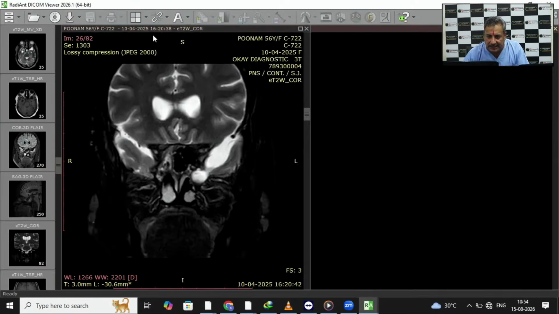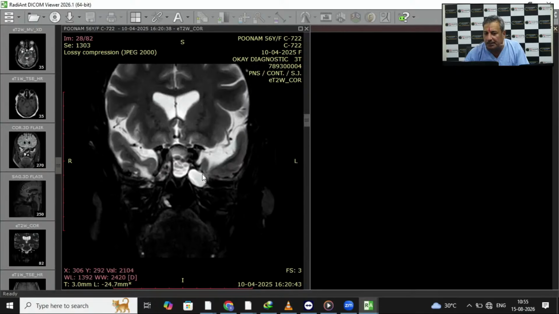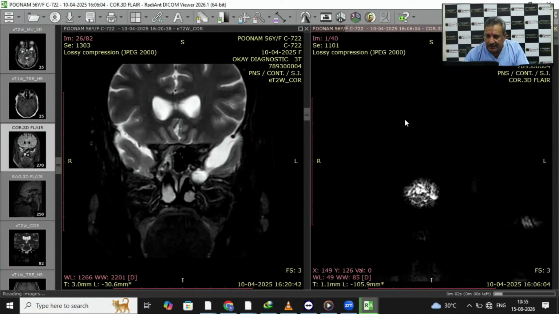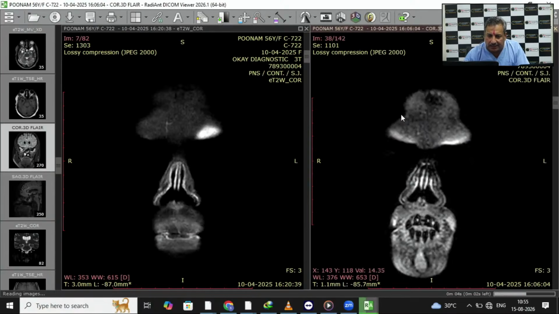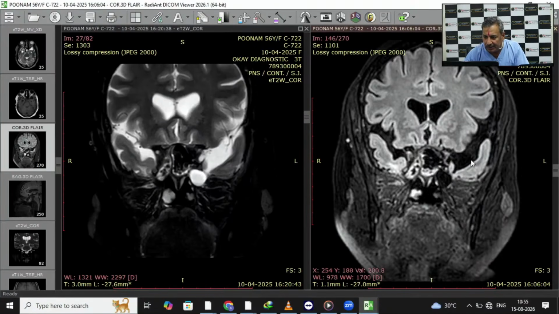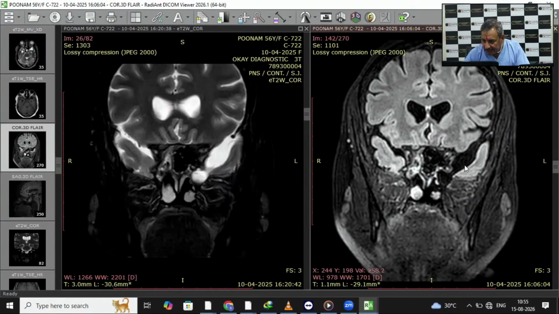Now see this imaging. This is T2 weighted, again the CSF in continuity with the temporal lobe of the brain, and see this fluid is coming in the nose, the signal. Now whether it is sinusitis or CSF, again how can you differentiate? See this on FLAIR. On FLAIR, see this dark shade of CSF coming in the nose.